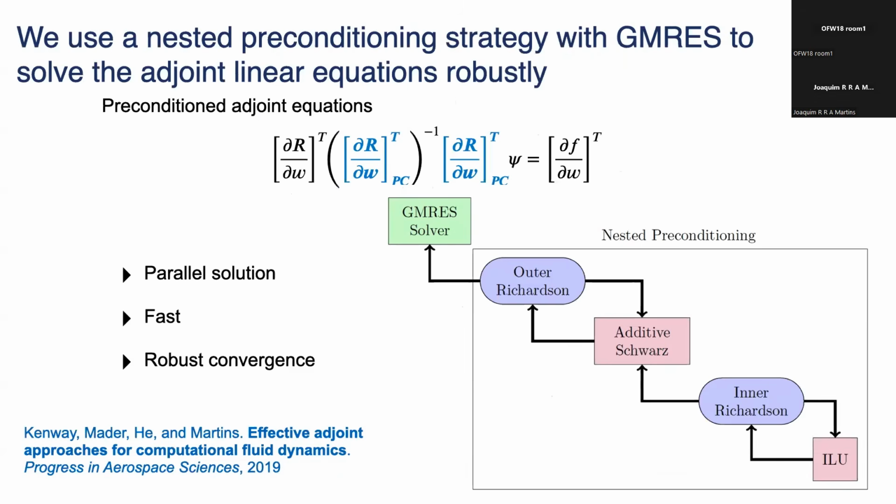Now, this kind of system is usually pretty ill-conditioned. Okay, so we use nested preconditioning here. So we use an outer additive Schwartz preconditioning, and then on the inside loop use ILU. Okay, and this makes it really fast. It's parallel and robust convergence.